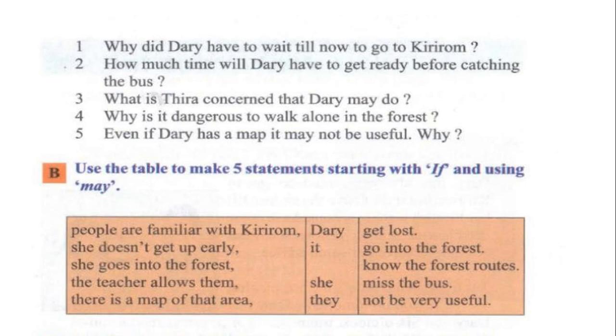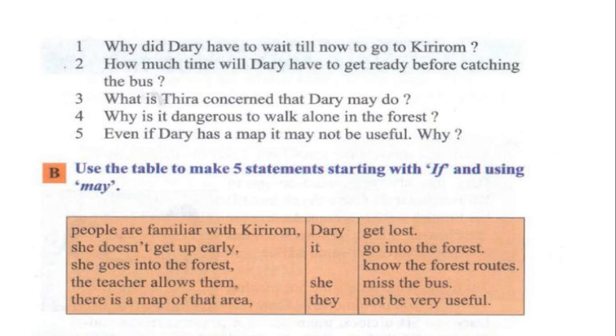So already with the first conditional sentence with may, and for the table they have 3 columns. About column 1: people are familiar with Gridum. She doesn't get up early. She goes into the forest. The teacher allowed them. There is a map of that area.